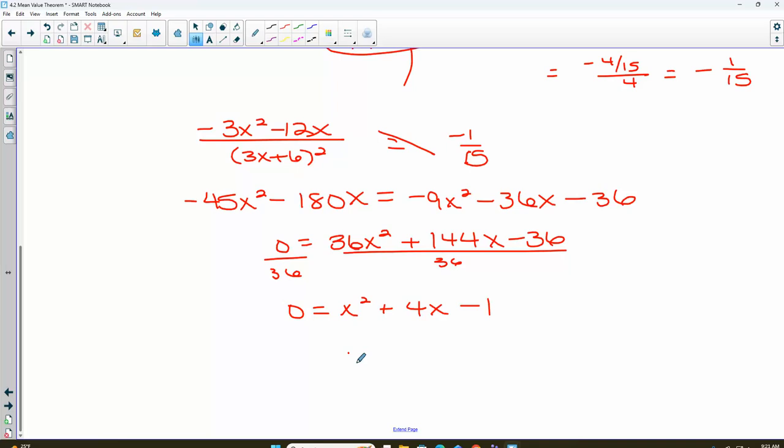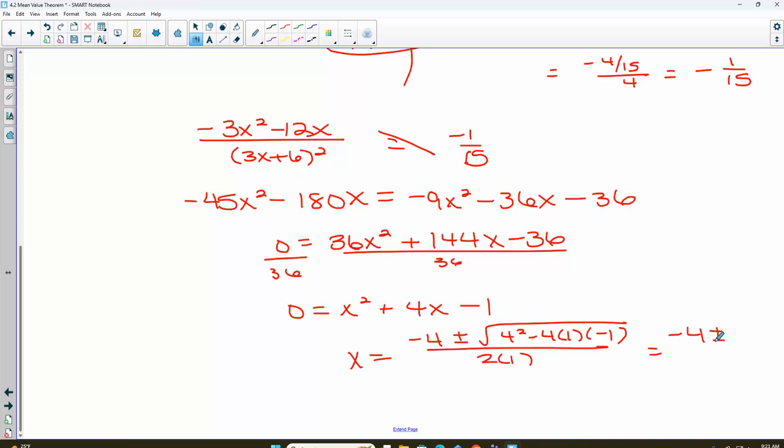Nope. So opposite of b, plus or minus the square root, b squared minus 4ac all over 2a. 16 plus 4.